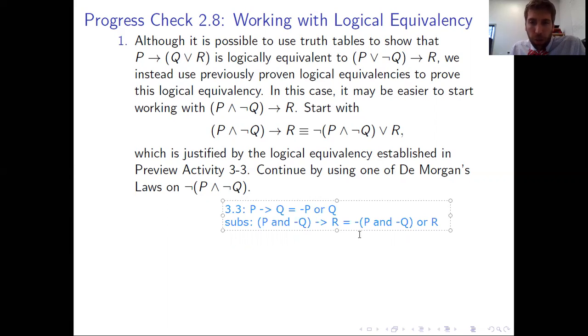Now let's use De Morgan's laws. De Morgan's law says to move the negative through. So not P or not not Q. Then the double negative is positive.